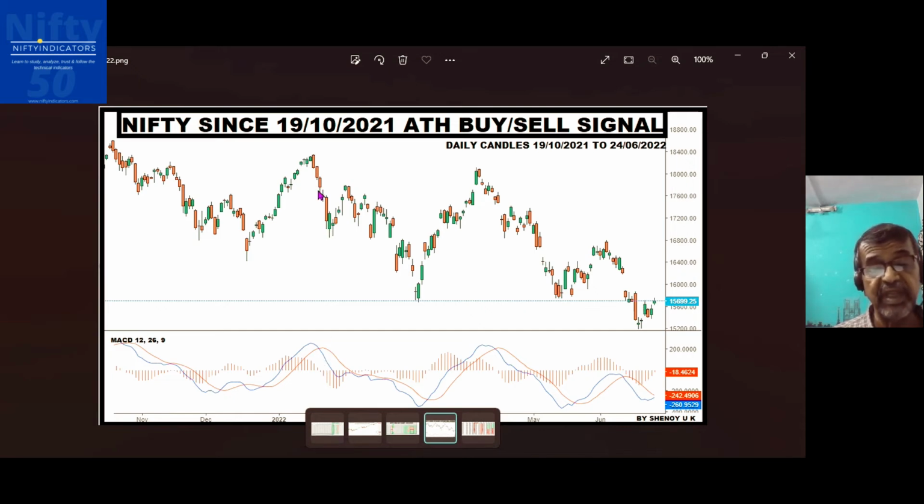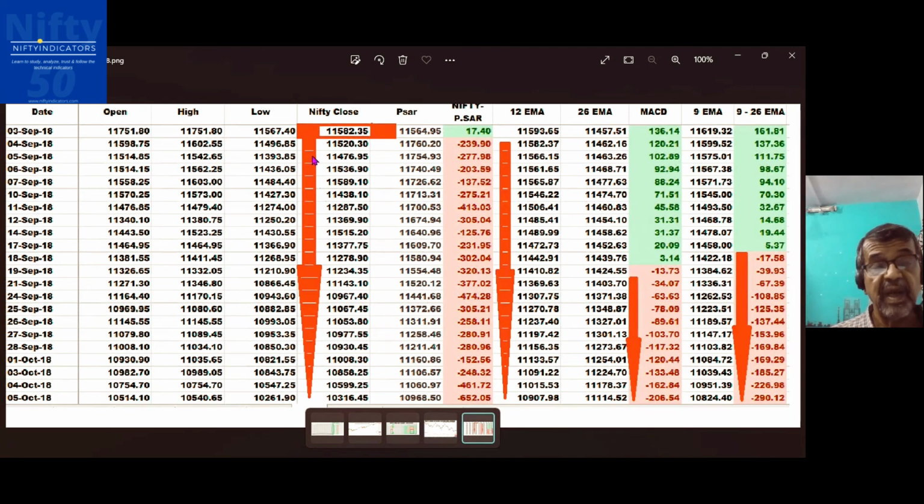You see how beautifully we get the signals, and this is the way to follow indicators. MACD, this is the way we can follow, and you can see here how the various MACDs are giving us the signal that market is going down day by day.